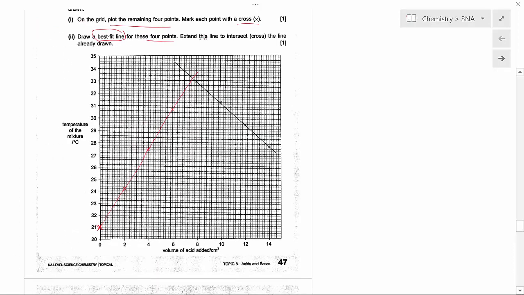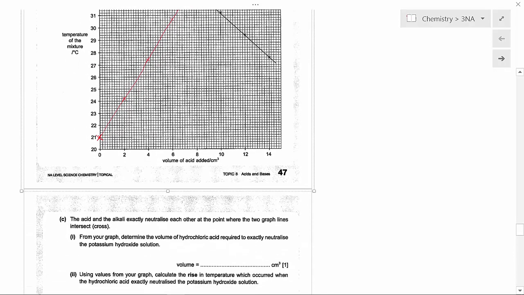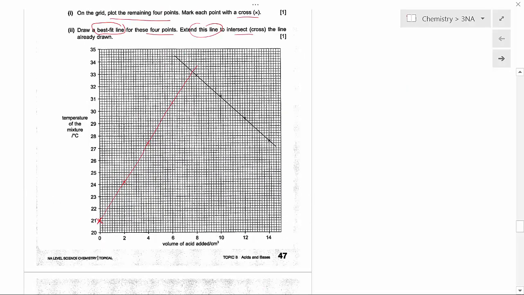Extend this line to intersect, which is here. And from the graph, determine the volume of HCl required to neutralize the potassium hydroxide. Neutralize means where the two lines cut, at the highest point.